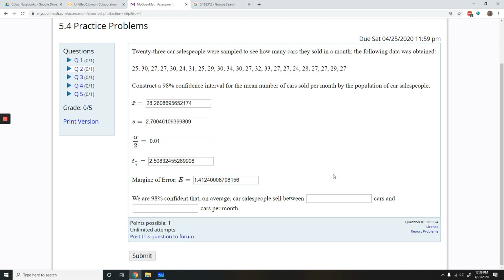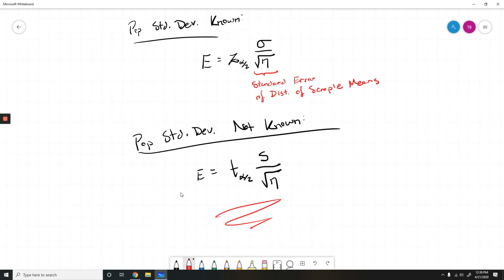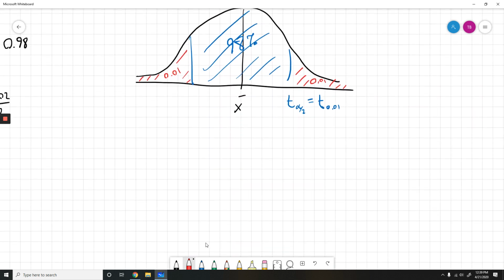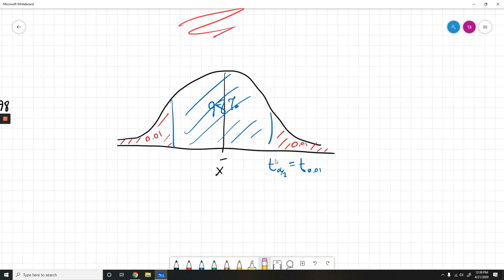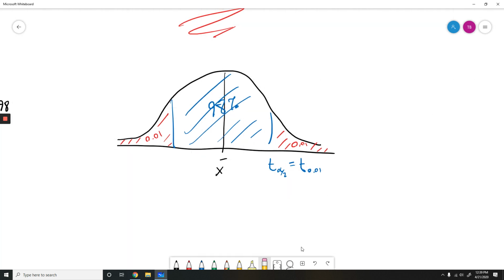Okay, we're almost done. Now that we have our margin of error, we want to construct our confidence interval. So going back here, we want to find this guy and this guy right here. To find those, we just need to realize that our margin of error is telling us how far we need to go from that sample mean x bar.